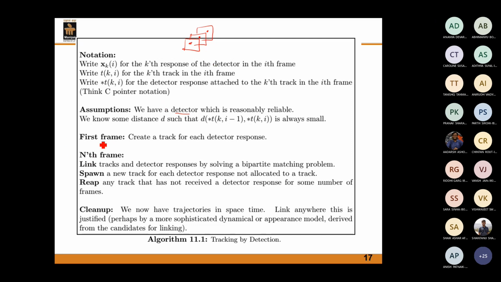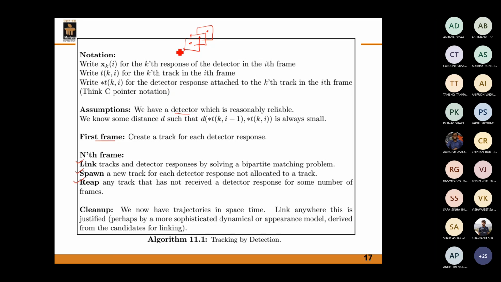In the first frame, the detector will detect all the objects, and in the nth frame, meaning any frame that comes after the first frame, there are three steps which are followed: link, spawn, and reap. Link means we associate the detector response with a particular track.